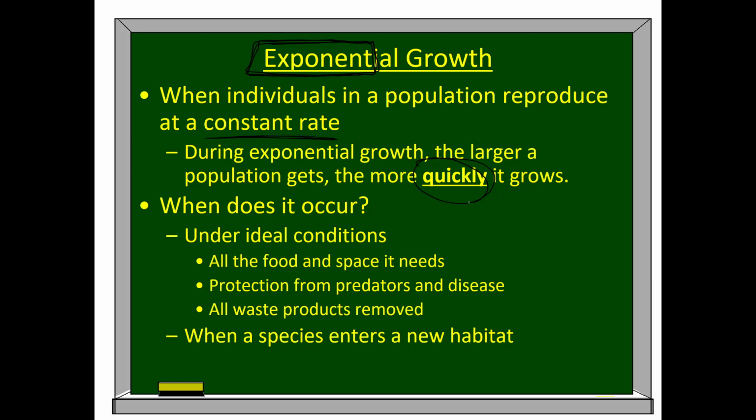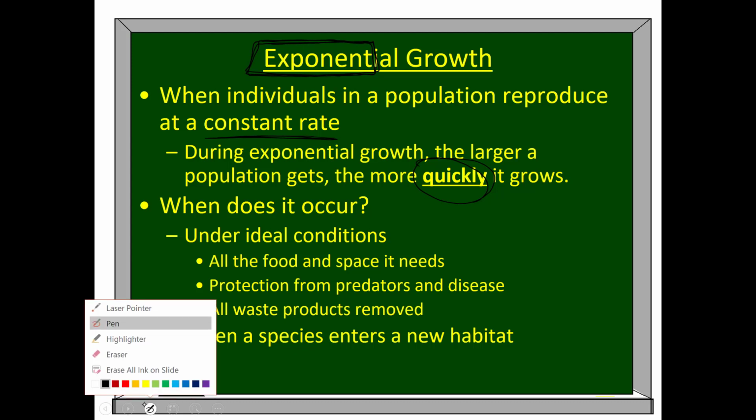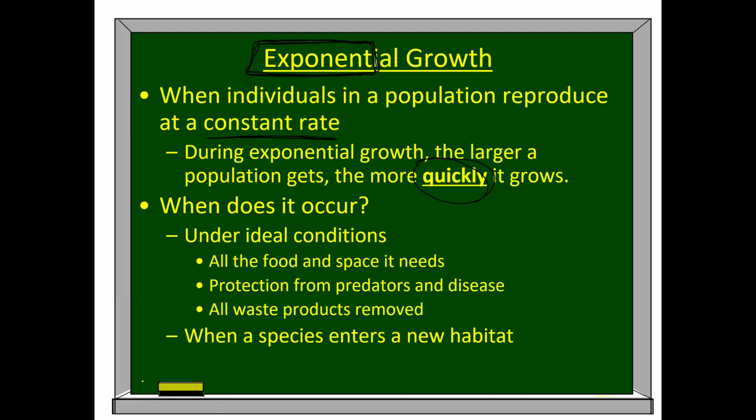Okay, now there's very strict conditions in which exponential growth can happen. The first one we're going to look at is when all food and space is available. When there's plenty of food, plenty of space, that's what we call an ideal condition. Ideal conditions are like the perfect place to be living in. You have all the food, all the space you need.